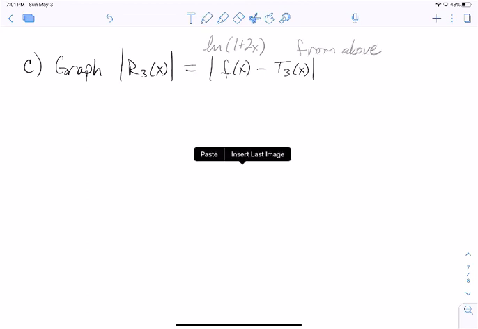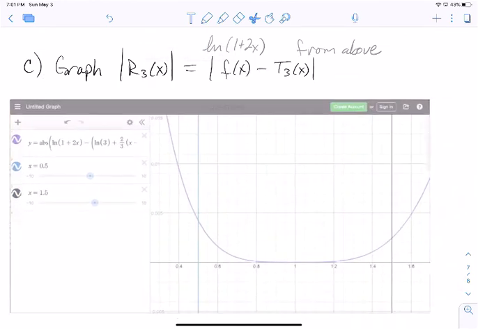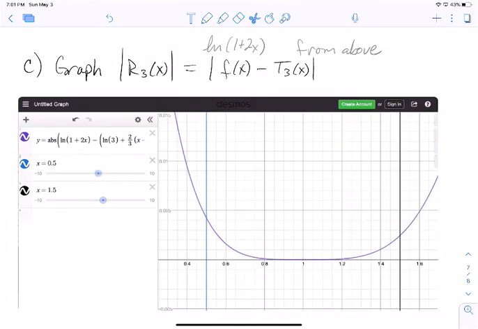It should be no surprise to you that I have graphed this here. What we see is y is equal to the absolute value of the natural log of 1 plus 2x minus the third degree Taylor polynomial. You can't see it all, but I swear I typed it. The purple curve is R sub 3 of x, and the vertical blue line is where x equals 1/2. The vertical black line is where x equals 1.5, because that was our original interval.